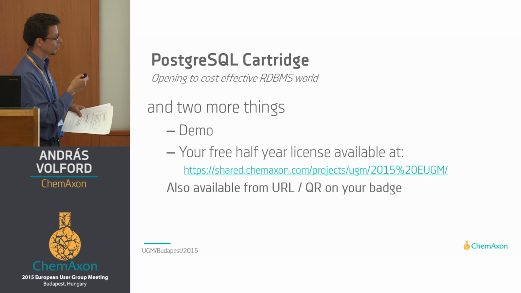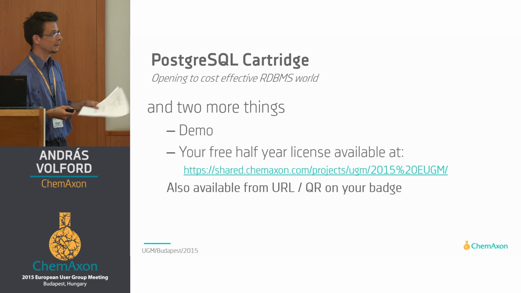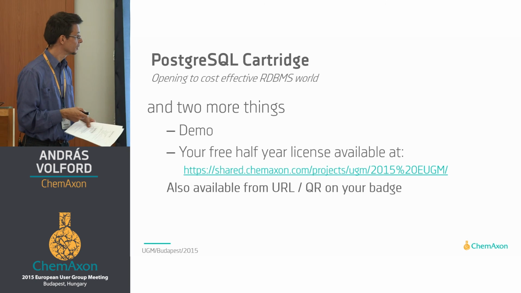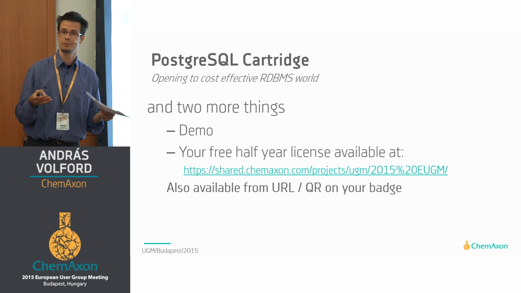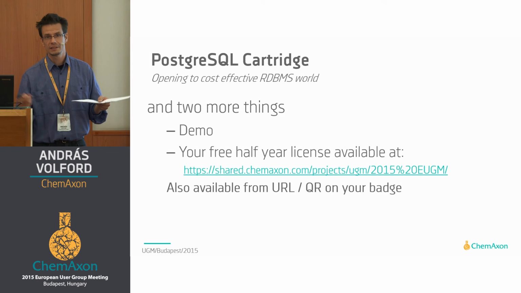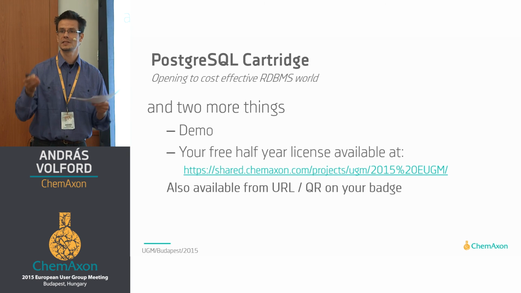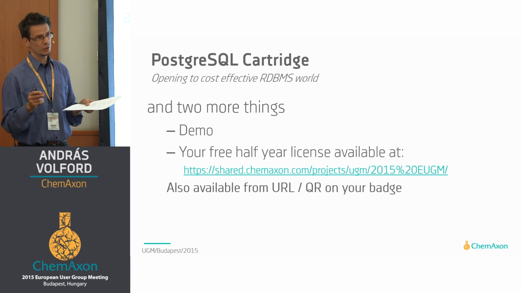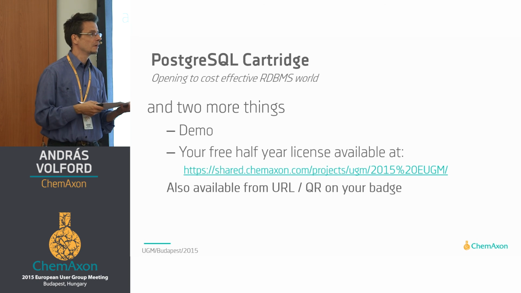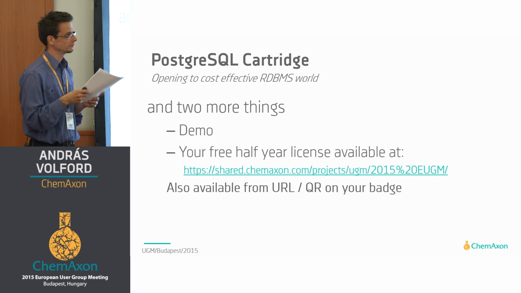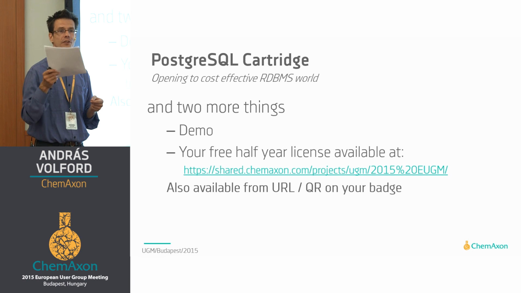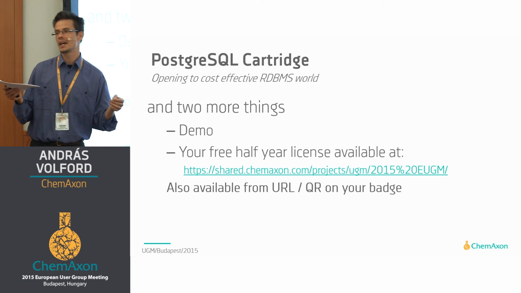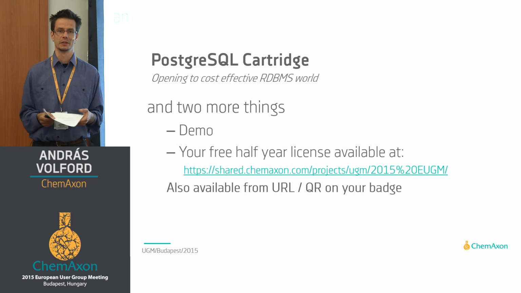You take your half-year license available at the following URL and try the Postgres cartridge at home, download it from the net, see how easy it is to install and how easy to work with. And the third one is that we are going to celebrate the cartridge launch after the lunch in the first break, and I would be very happy to celebrate it together with you.